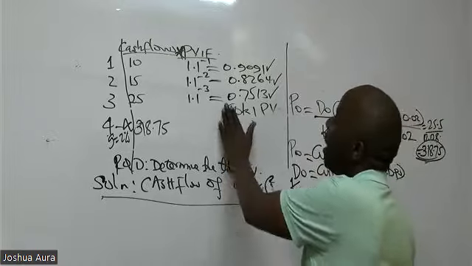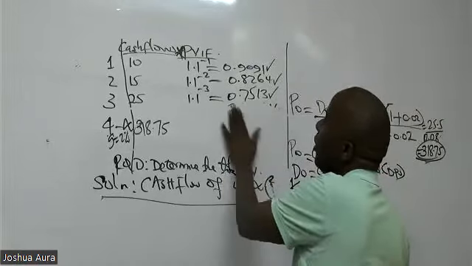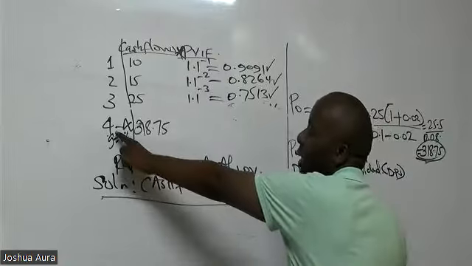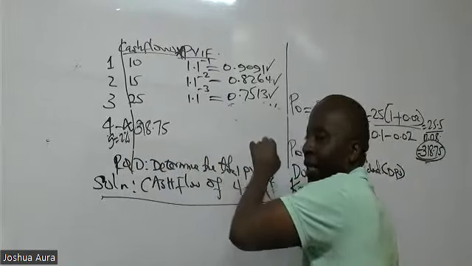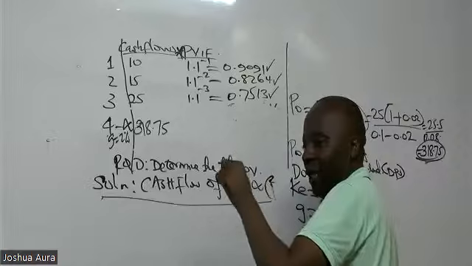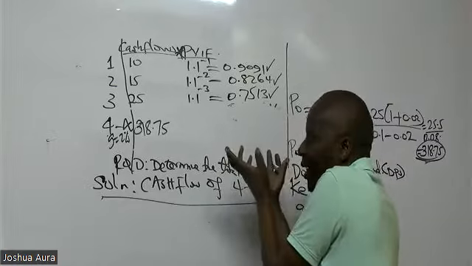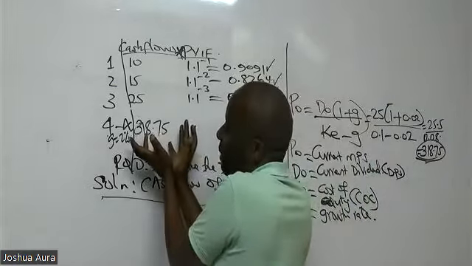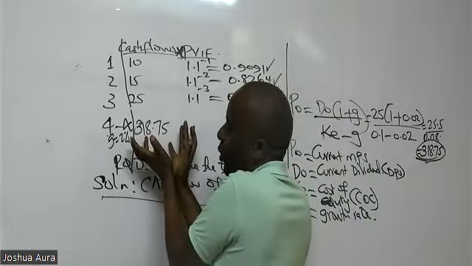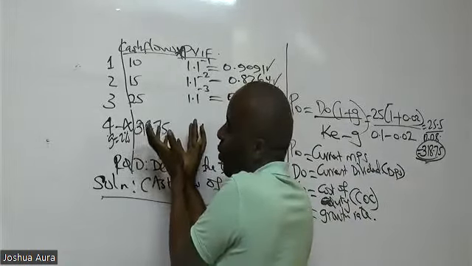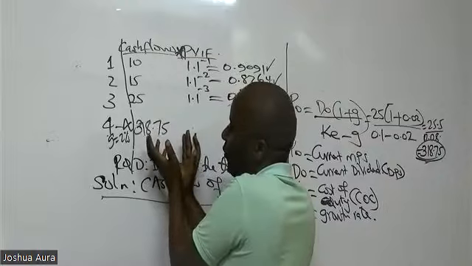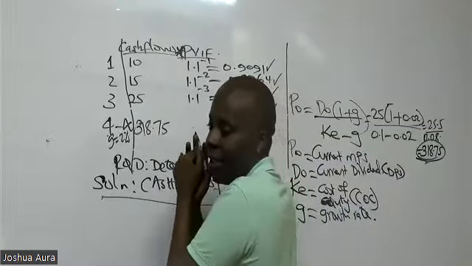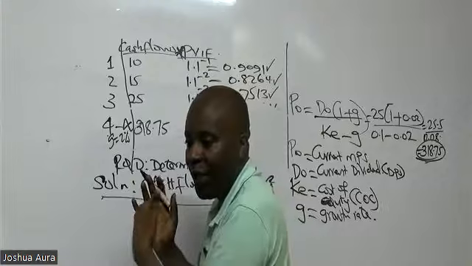But how about now the PV for this year 4 to infinity? Remember, I've been able to lump it together and bring it here like a lump sum amount. What do you think will be the PV for this infinity amount? Drop down. I like what David is telling me.